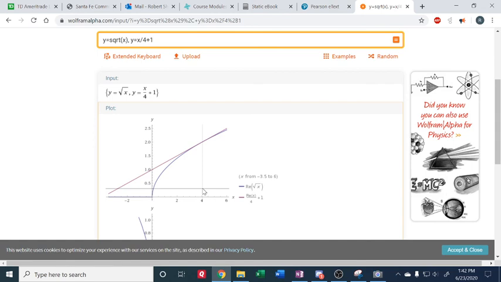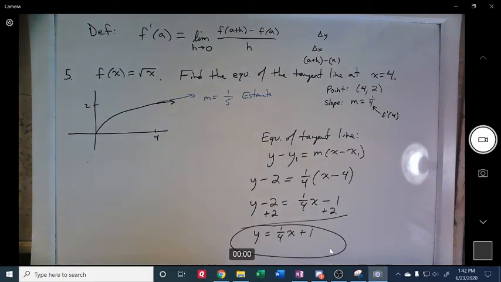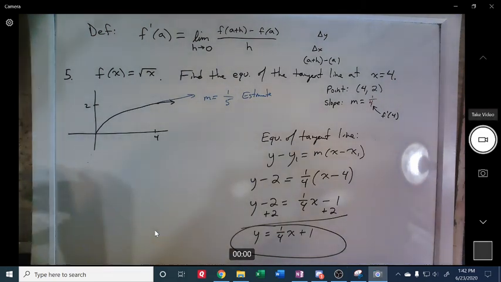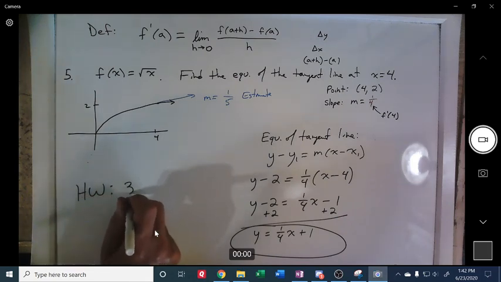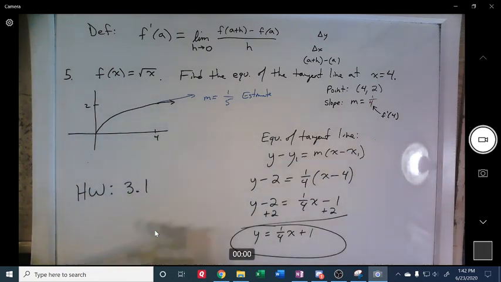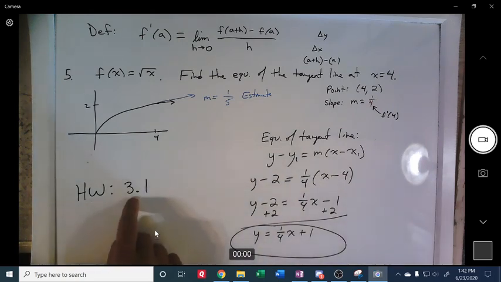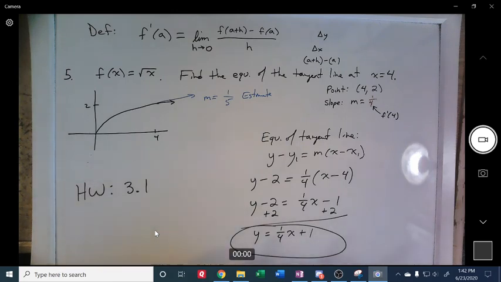All right, so the homework is 3.1. That'll be spot checked tomorrow, which is on Wednesday. And you have your final form in by Thursday. What we're going to do tomorrow is 3.2, but I won't spot check 3.2 on Thursday because we have an exam on Thursday.